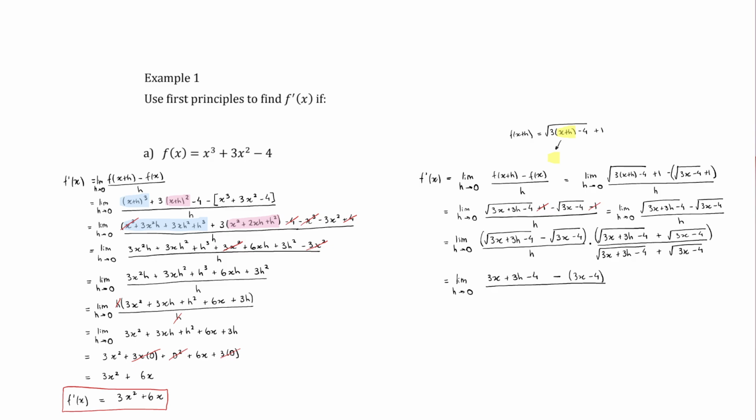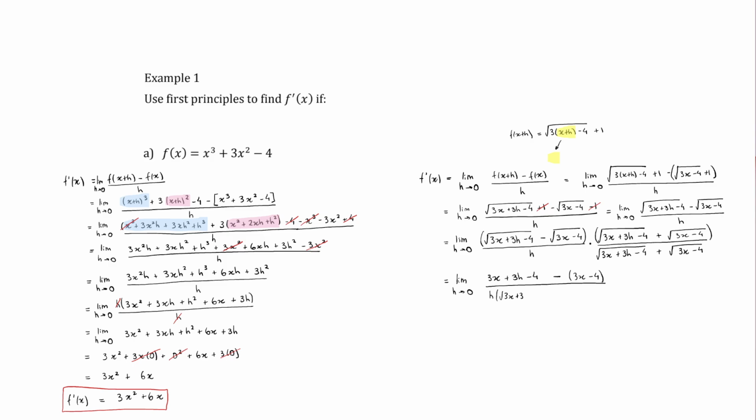For our denominator, well, we are going to have h times this whole expression here. All right, so h times the square root of 3x plus 3h minus 4 plus the square root of 3x minus 4.